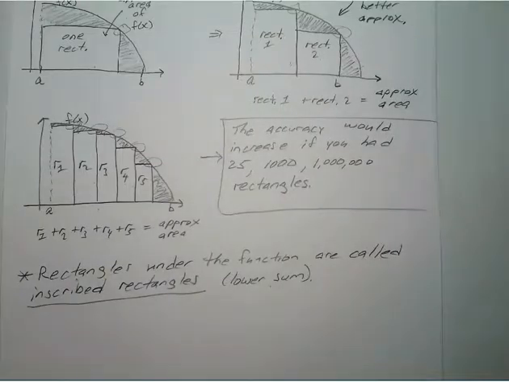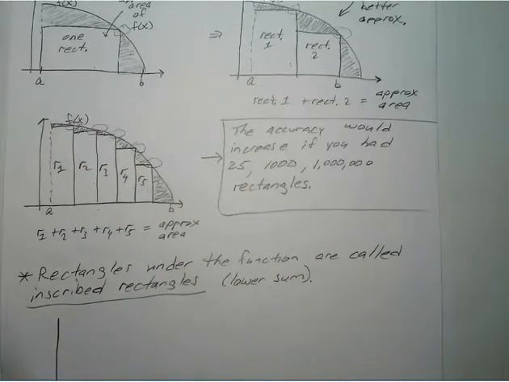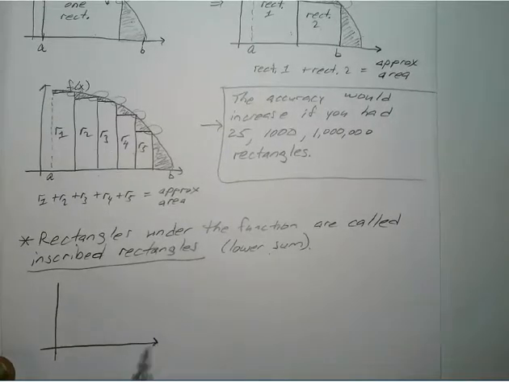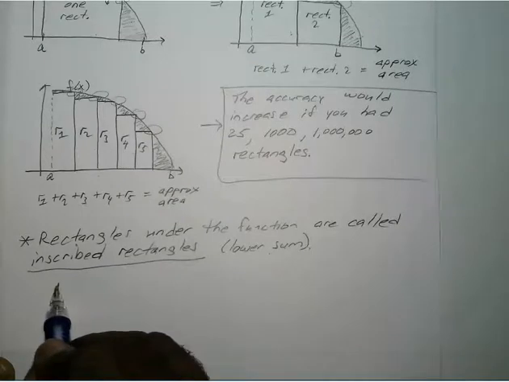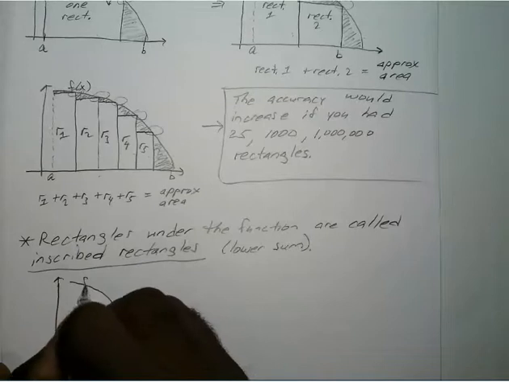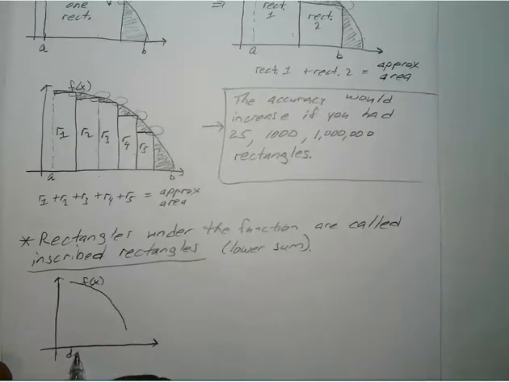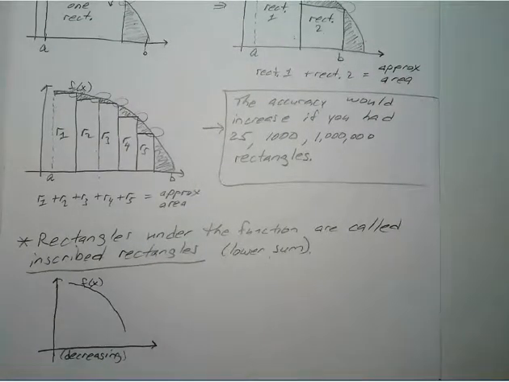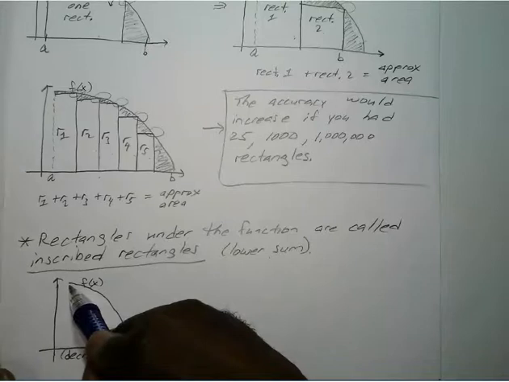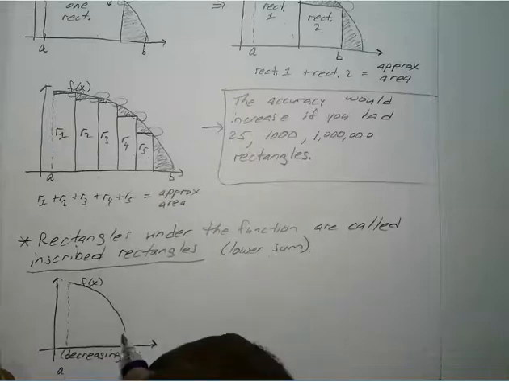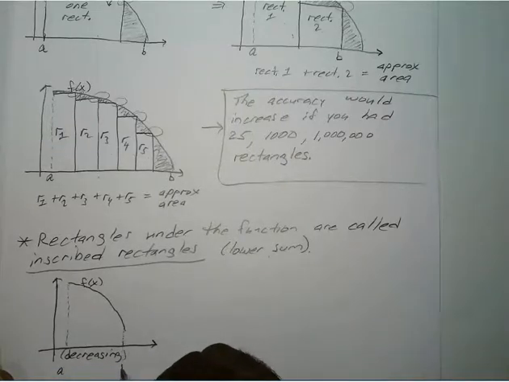All right, so what does that tell us? Well, one thing we can figure out is, let's say we have our XY axis here, and just like the ones above, we have a decreasing function. Okay, so this is your f of x, and it's decreasing. And you have your x equals a, I'll put the a up under here, and x equals b, I'll put the b up under there.